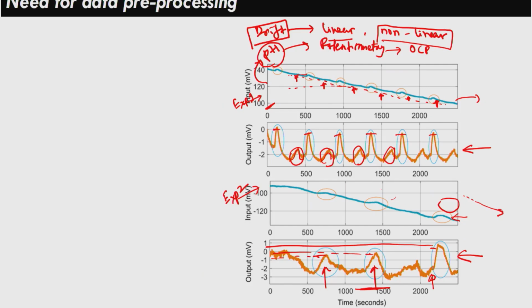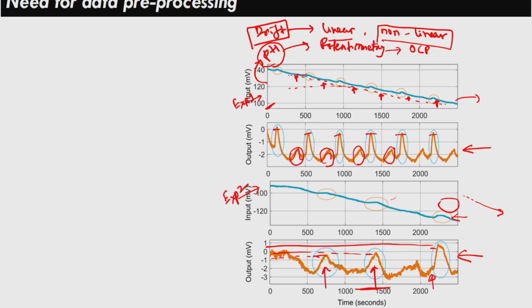The second one is the filter, some basic filtering is required to remove the noise. This drift is a very low frequency signal, so sometimes it escapes the filter, passes through and comes out through the ADC. In that case, we have to apply some processing techniques to remove this drift.